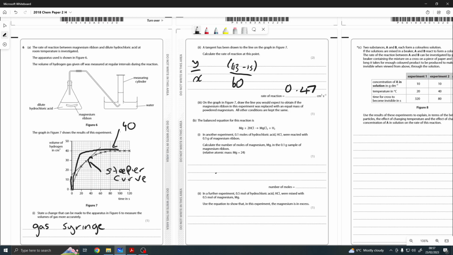Here's a balanced equation. In another experiment, 0.1 moles of hydrochloric acid were reacted with 0.1 grams of magnesium ribbon. Calculate the number of moles of magnesium in the 0.1 gram sample of magnesium ribbon.